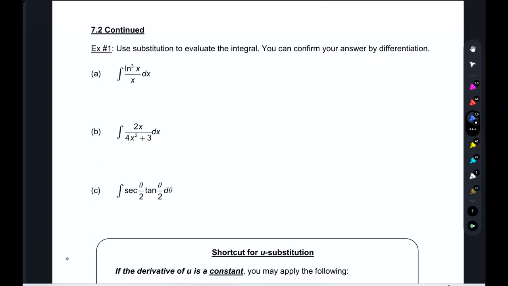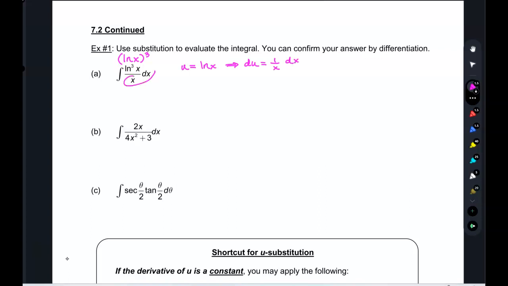Okay, so first one here, we are going to let u equal natural log of x, because if we think of the top part here, this is natural log to the third. So u equals natural log of x, which implies du is going to be 1 over x dx.